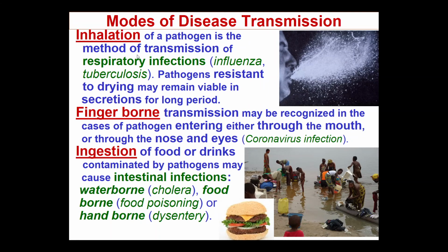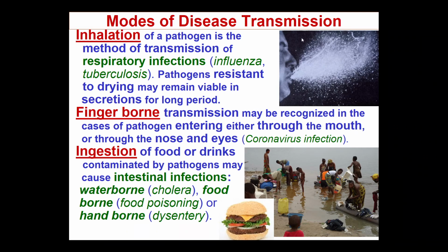Other modes of transmission: inhalation, finger-borne infections, and injection. Inhalation of a pathogen is a very typical method of transmission of respiratory infections, for example, influenza and tuberculosis. Here you see what happens in the moment of coughing or sneezing. Millions of small droplets of saliva infected by microbes are released outside.